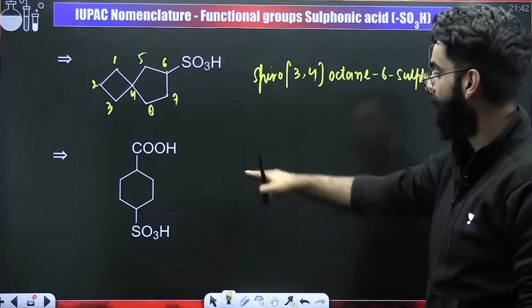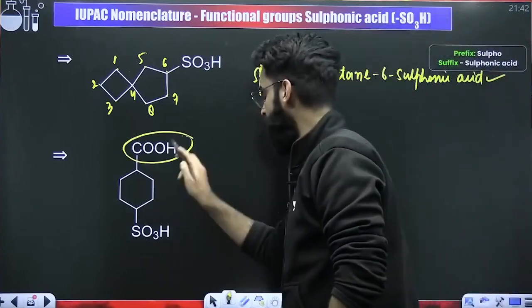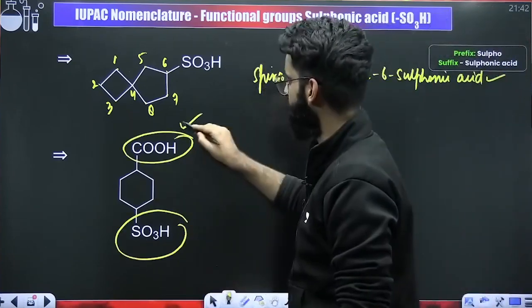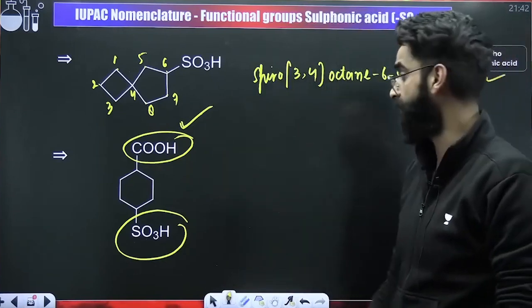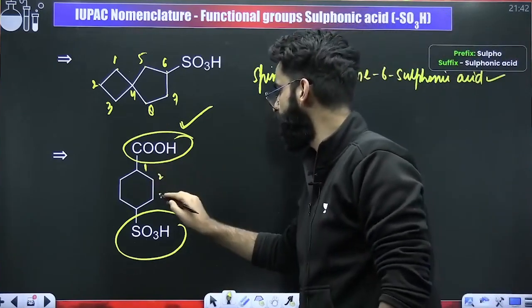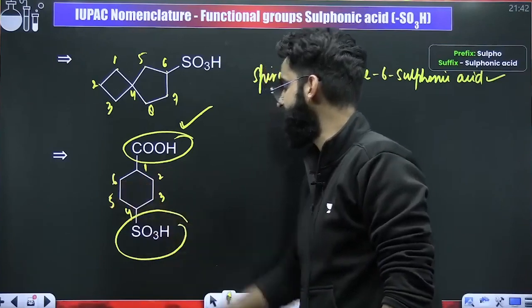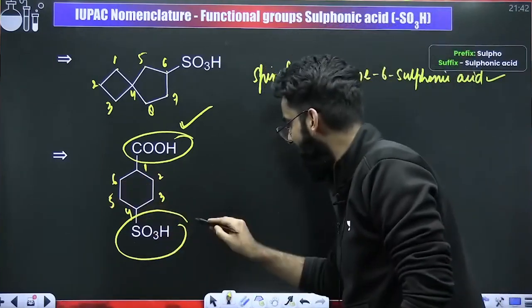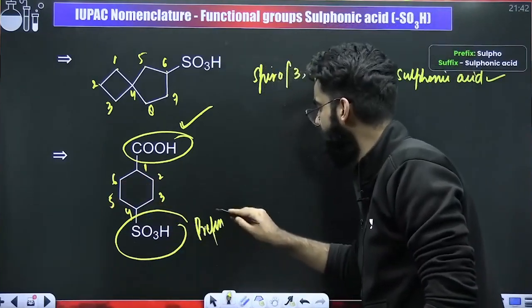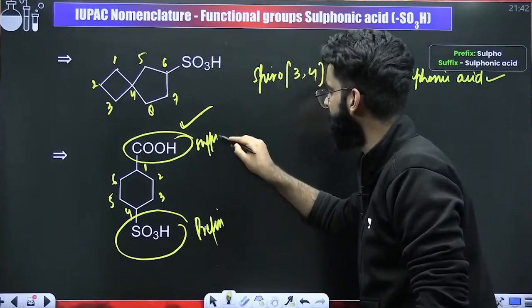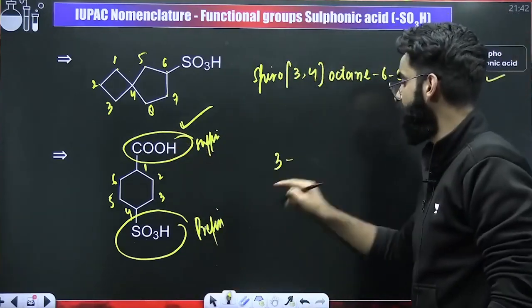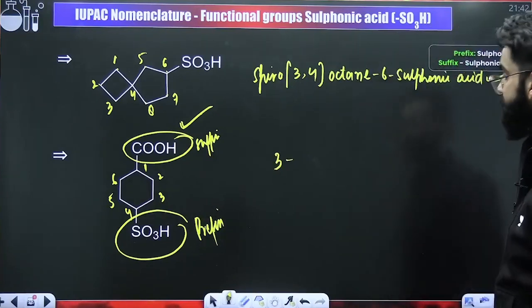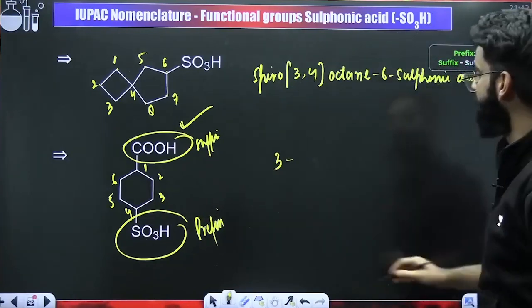Correct, guys? Now, over here, you have got carboxylic acid and sulfonic acid. Which one to be prioritized? Carboxylic acid, right? Carboxylic acid to be prioritized over sulfonic. So 1, 2, 3, 4, 5, and 6. Perfect. Now, here this will be used as a prefix and this will be used as a suffix because it's having more priority. As a prefix, at carbon number 3, there is a sulfonic group, so I'll be using sulfo.